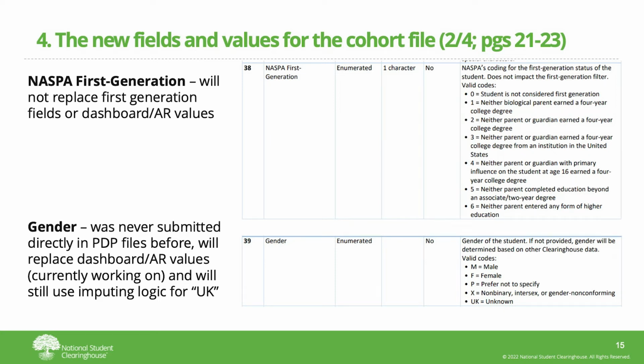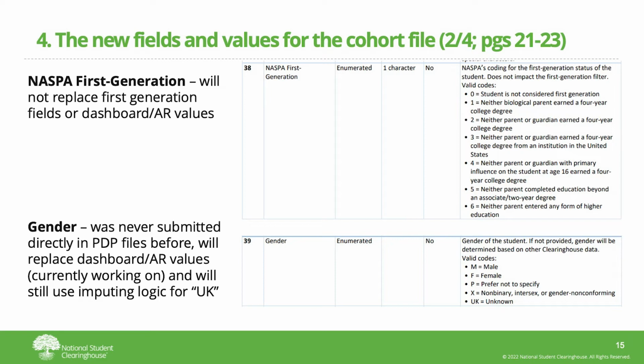What we're doing is slowly potentially pulling this directly through your PDP file, the gender of the student. And so it will eventually replace those values that we have on the dashboard and AR files, which is currently being worked on. If you do provide the value of UK as gender, we will still use the imputing logic to try to determine, if we can, the gender of the student.